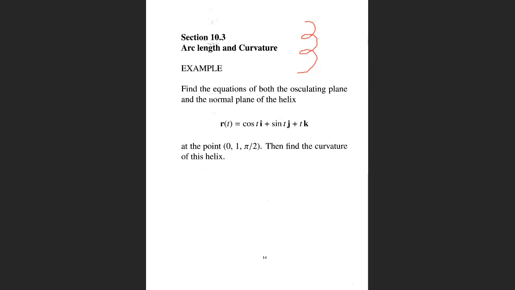We want to find the equations of the osculating plane and the normal plane of the helix at a point on the helix. So let me ask you, based on this point, 0, 1, pi over 2, what's t got to be?